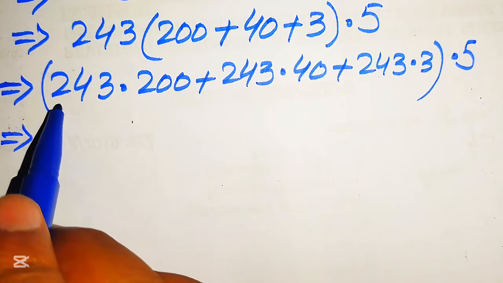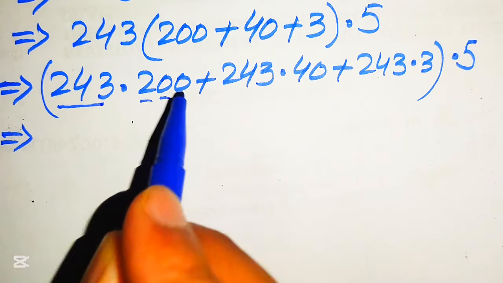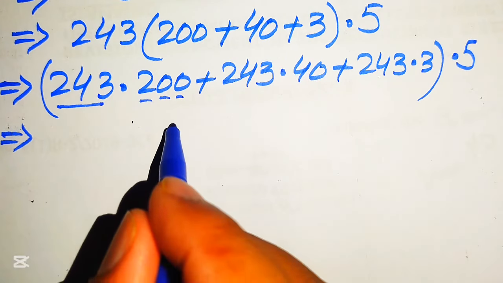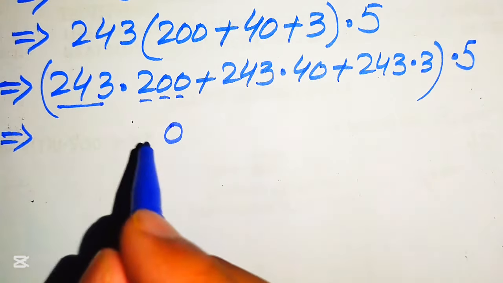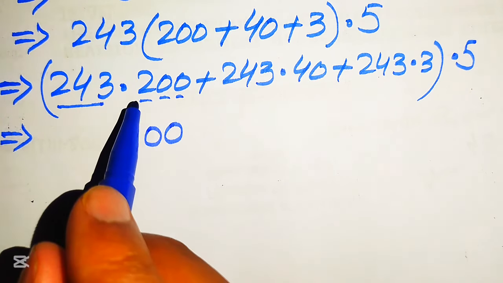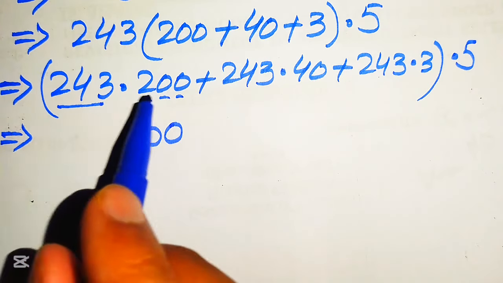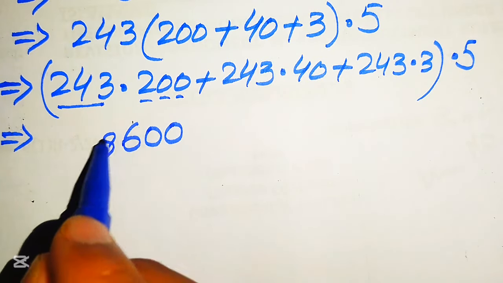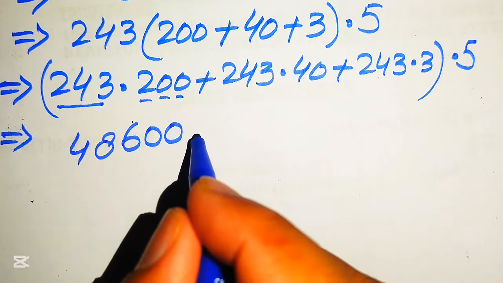Now we multiply 243 with 200. When you multiply 0 with this number, you get 0, and again 0. When we multiply 2 with this number, 2 3s are 6, 2 4s are 8, and 2 2s are 4.